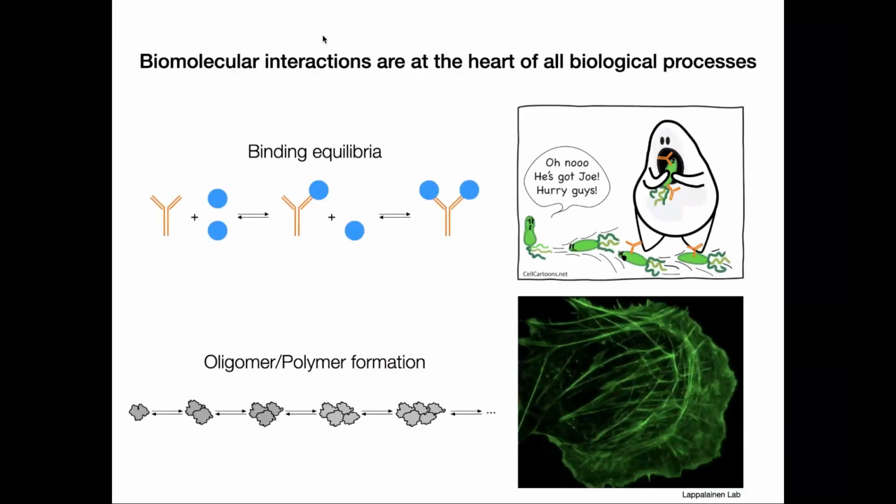All biological processes are mediated by molecular interactions, and a very prominent example of this, which we have heard a lot about recently, is the interaction between an antibody and its antigen, for example.